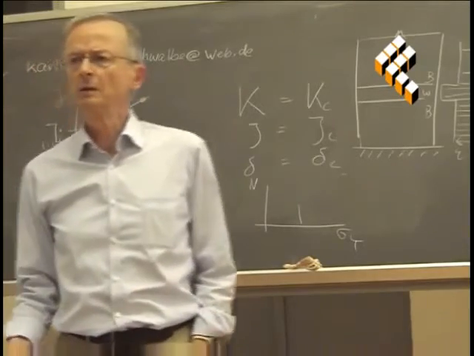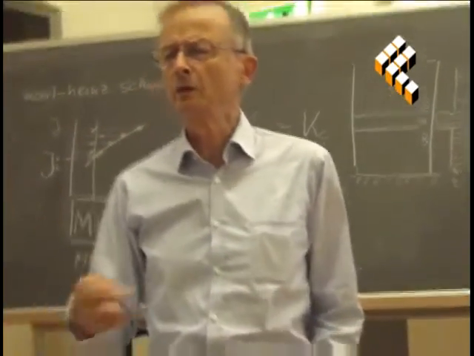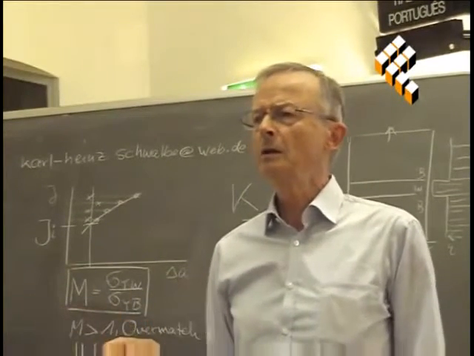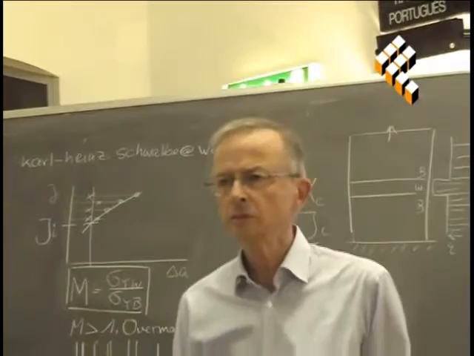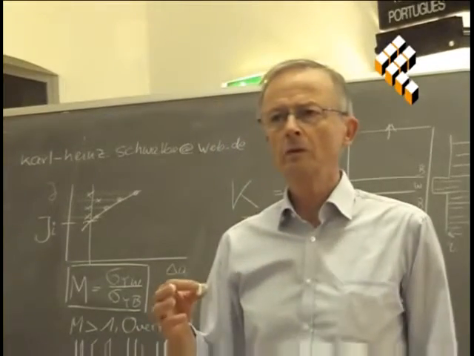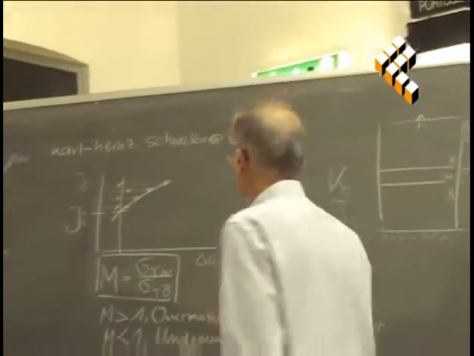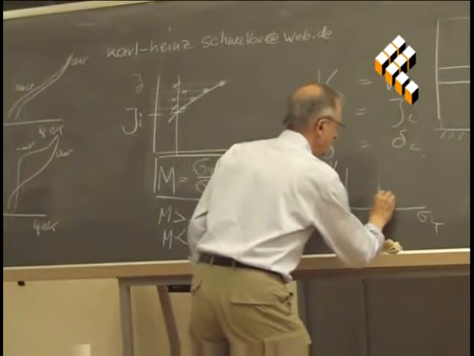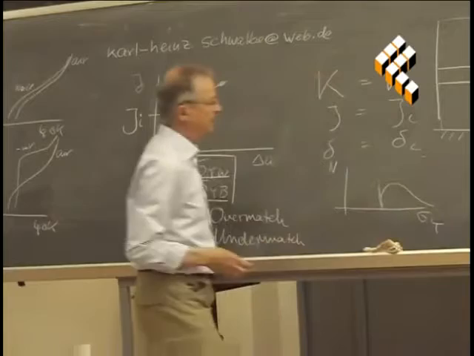You purchase a steel that has a minimum yield strength of 500 or 650 or whatever. And the minimum means, when it's higher, then it's better, of course. And you have normally a distribution, okay?